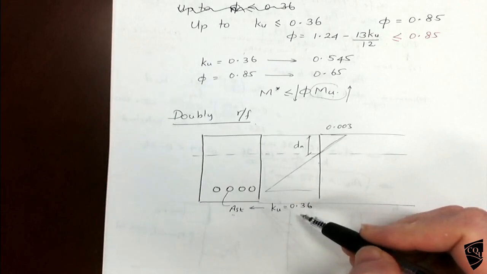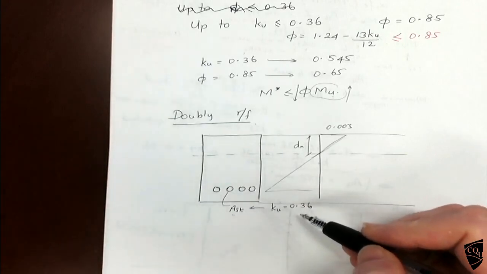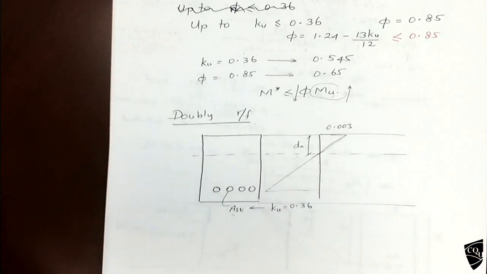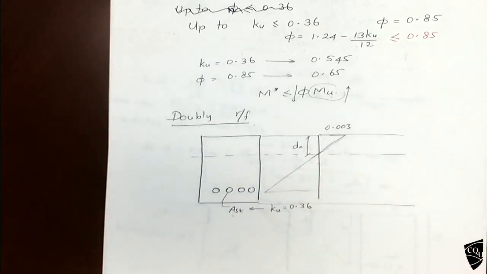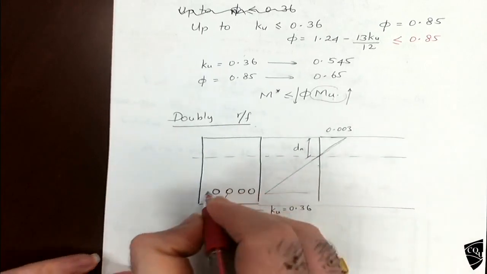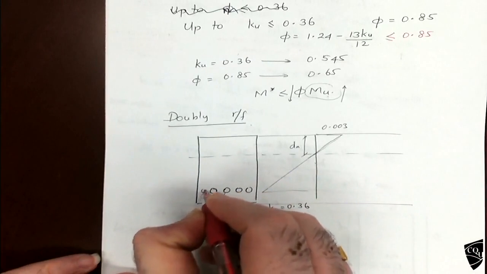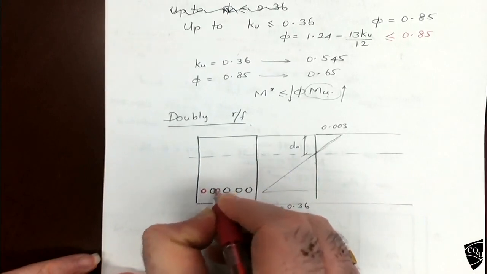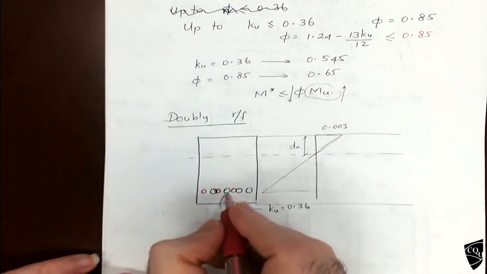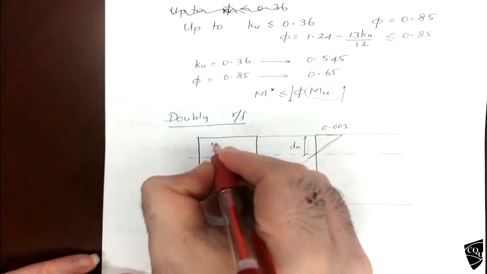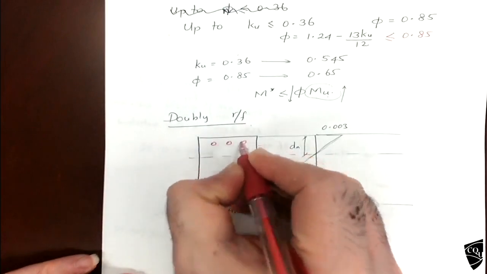But I still need more moment. The moment capacity is not enough, I need larger capacity. At this stage I cannot move dn further. So what I'll do is provide some additional steel, but to balance that, I will also put some steel here.